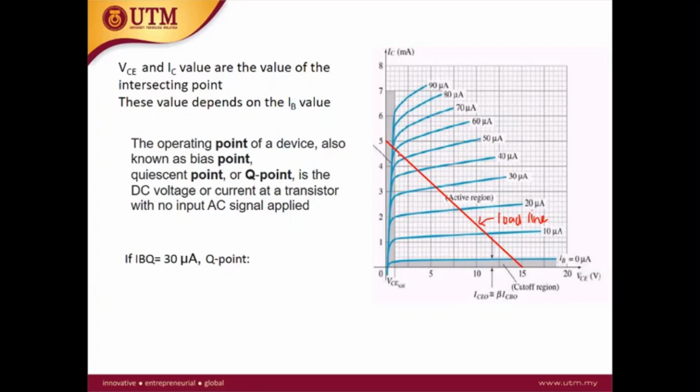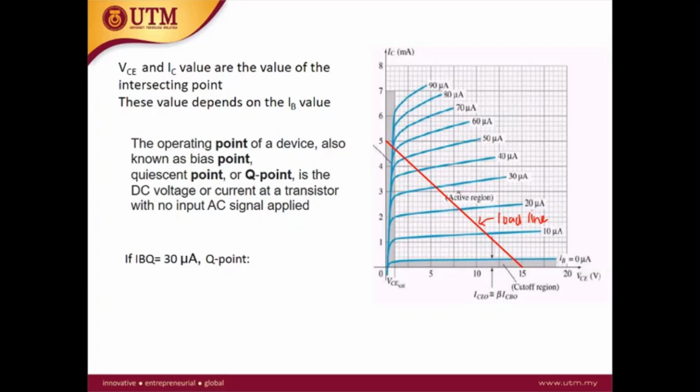You can see there are many possibilities for the intersecting point. The intersecting point depends on another parameter, which is IB. If we know the value of the actual base current, we can identify the operating point.